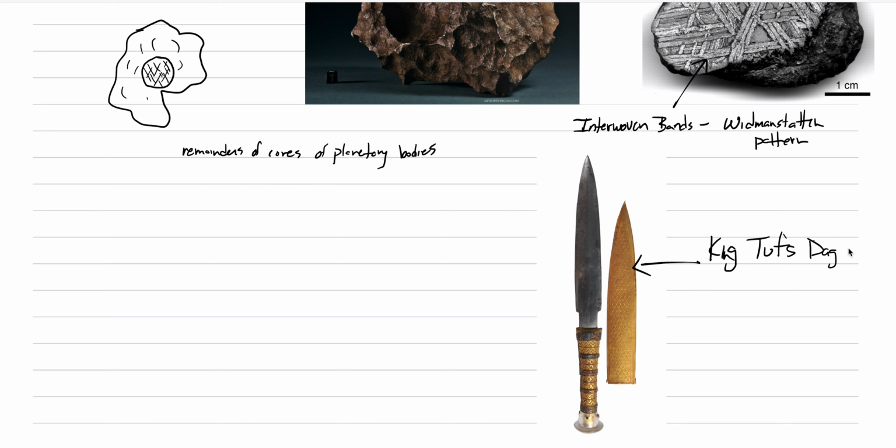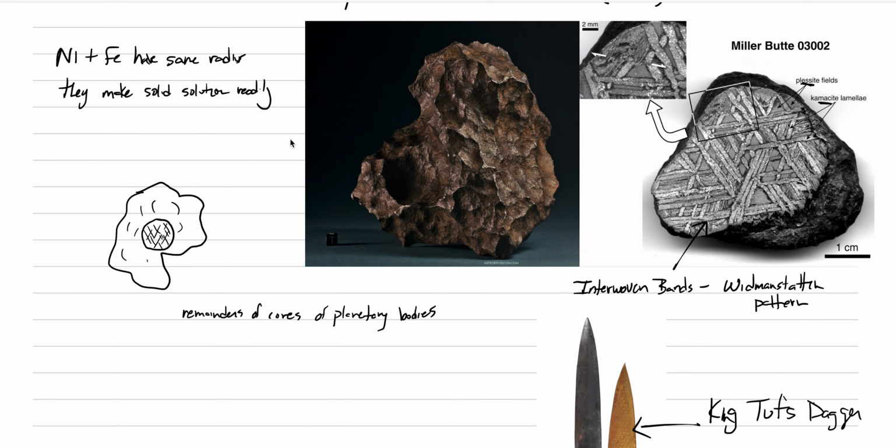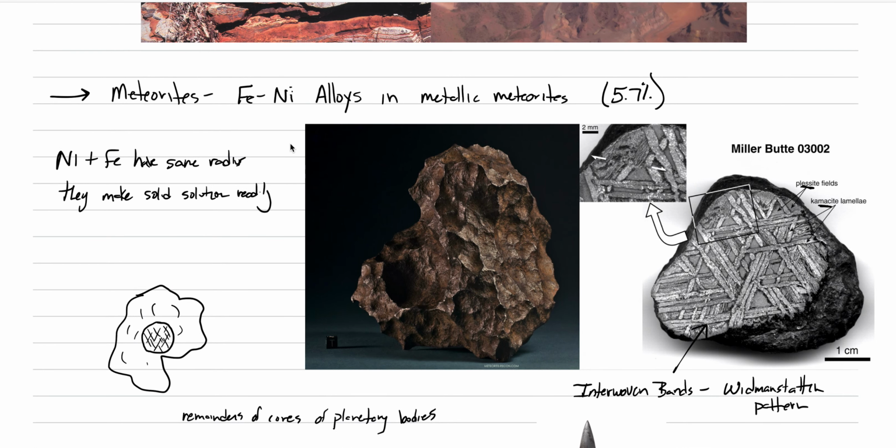And this was the hardest, sharpest, most valuable weapon on the planet until iron was actually developed and people started making steel, because this is the hardest thing. It would just slice right through bronze. The Inuit people used meteorites that they would find across the ice fields, which would stand out as these black rocks on top of ice, and they would use them for spears and fish hooks and all these different things. So there's a lot of interesting history with meteorites as a historical valuable resource as well.